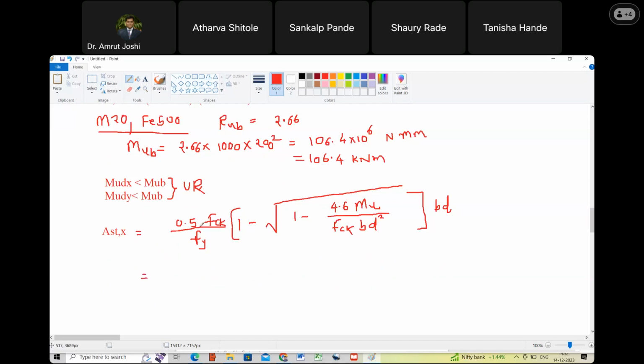Yes, sir. So substitute now the values. As we are choosing M20, fck is 20. As we are choosing Fe 500, fy is 500. Happy?